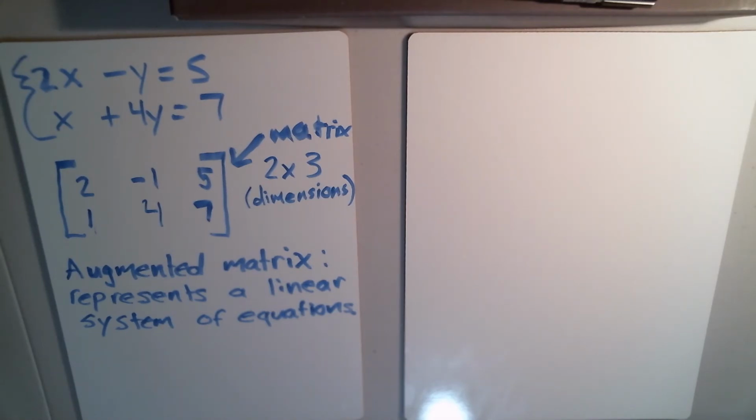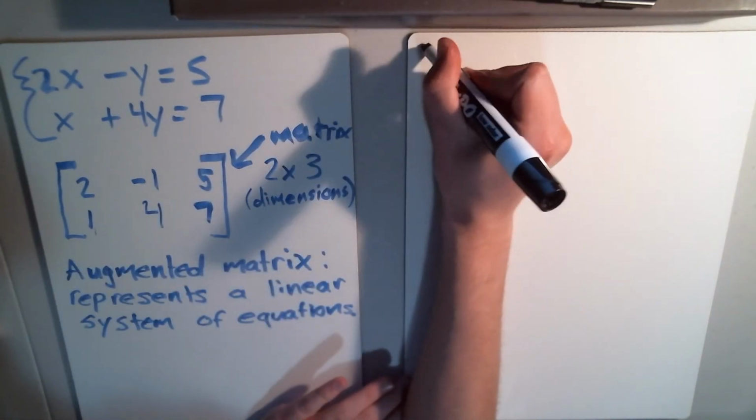Anyway, okay, so I do want to do one example before we move on to the next video, and you'll actually be able to do a few homework problems just from this really basic introduction. I'm going to do an example over here.